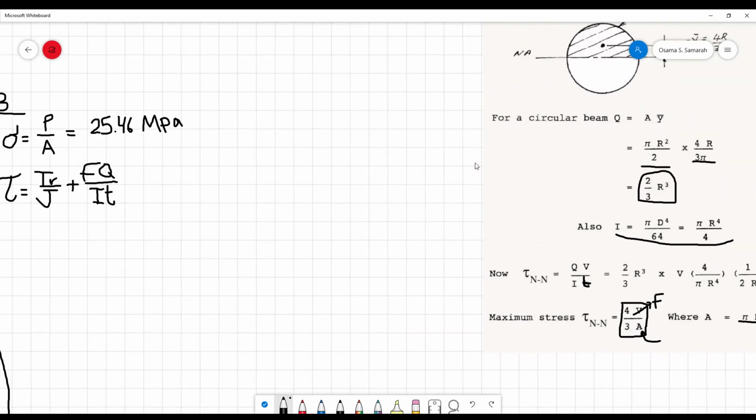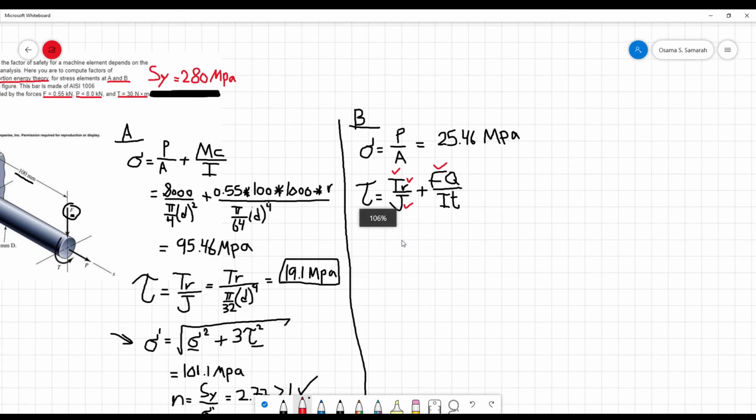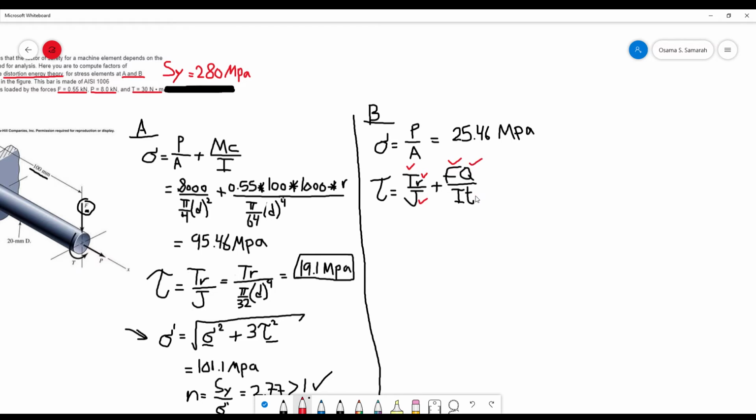So let's go back to our tau. If you plug in all the values for torque, radius of the bar, the polar moment of inertia, force F, and the Q we found, remember we found that FQ over It is going to be equal to 4 over 3 F over A, A being the cross-sectional area.